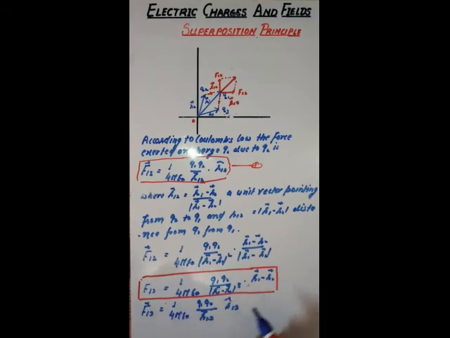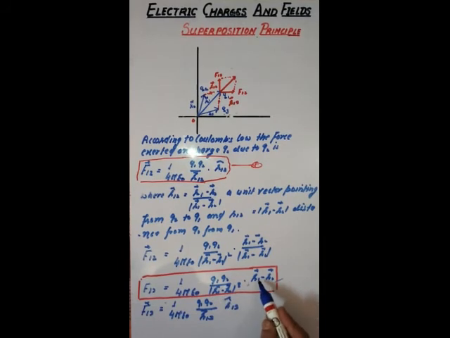When we solve, the force exerted on the first particle by the third is 1 upon 4 pi epsilon naught Q1 Q3 upon R13 cubed times the vector R13, same as here.